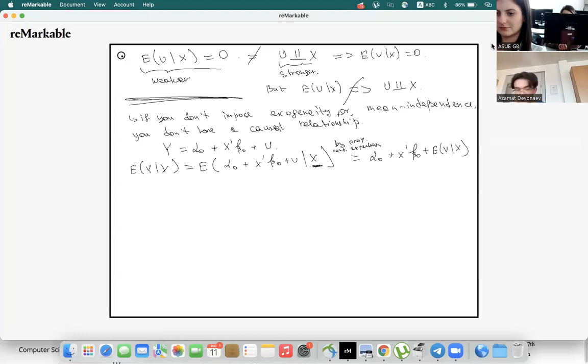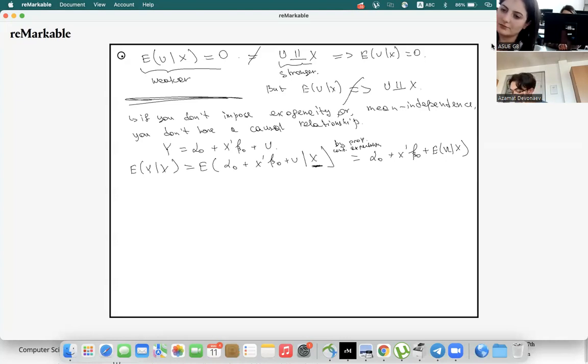It might be some function of x, and that would be real trouble.